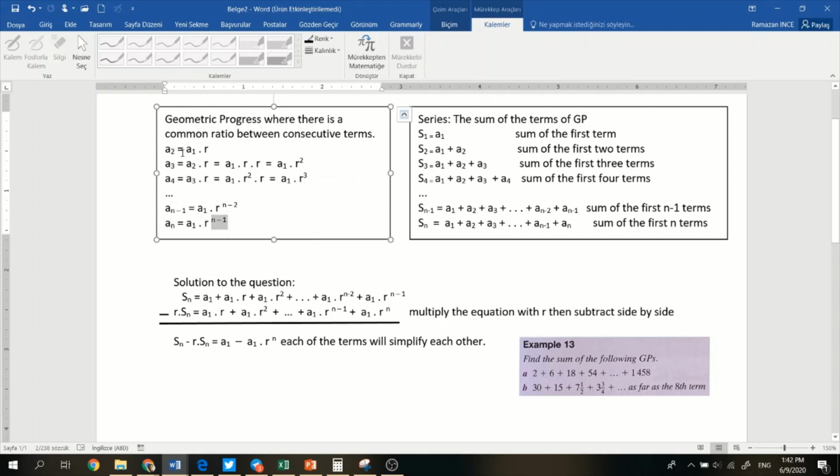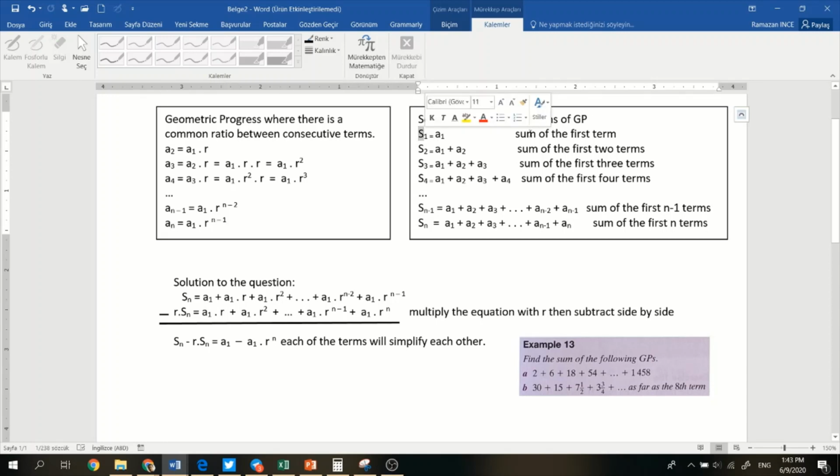Then another important issue is the series. What does the series mean? The series is the sum of the terms of a geometric progression or arithmetic progression. But for this question, we are talking about geometric progression. S1 means the sum of the first term, so S1 is equal to A1. S2 is A1 plus A2. S3 is A1 plus A2 plus A3.